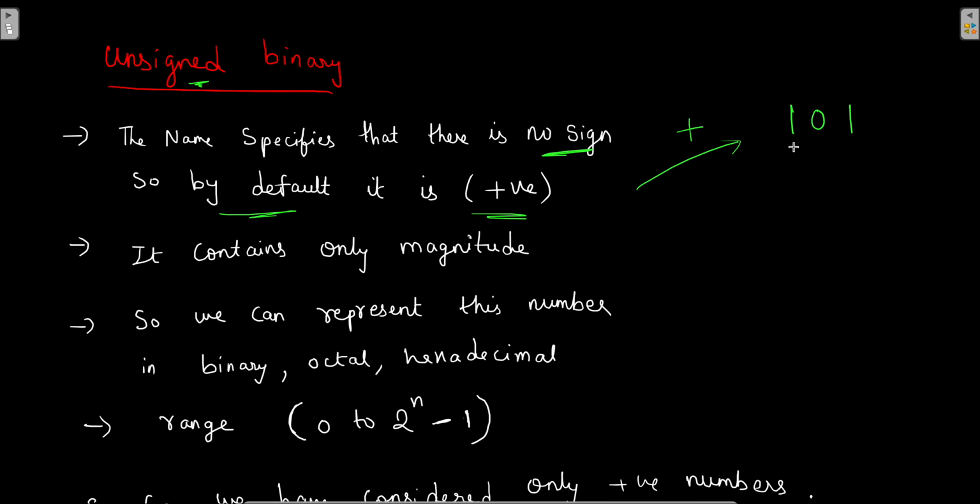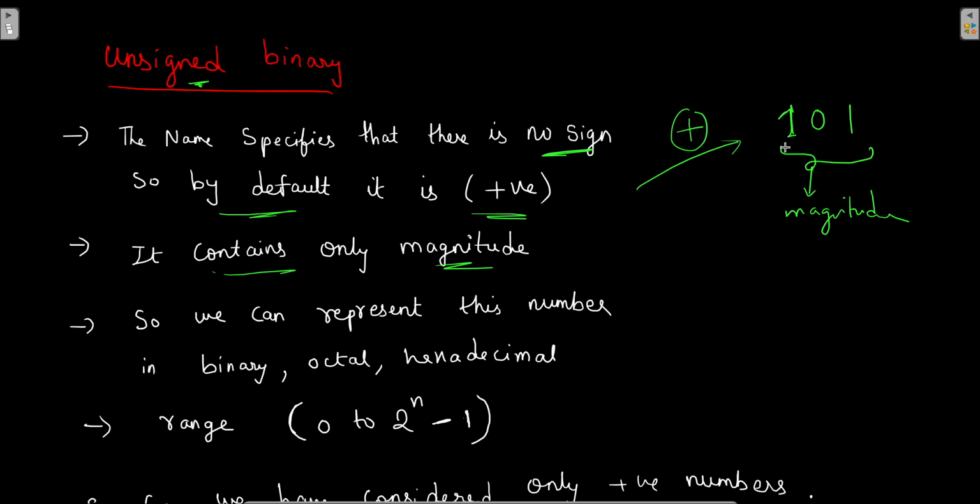The value is totally considered as magnitude, and by default I take the sign as positive. This is the way we can represent it.